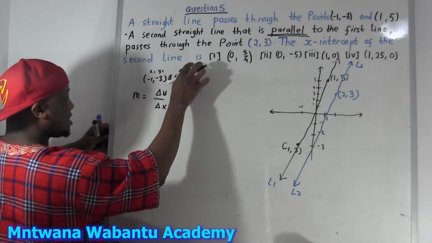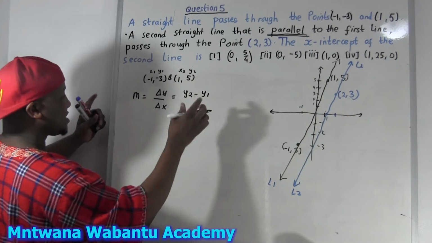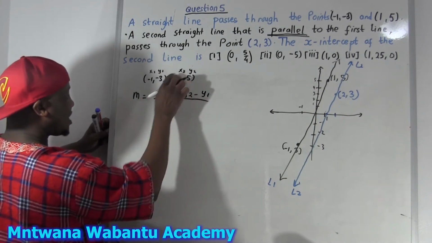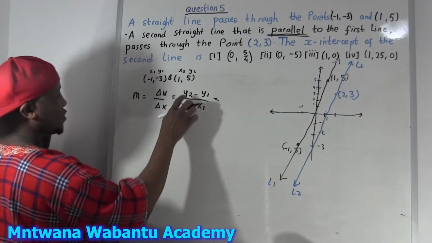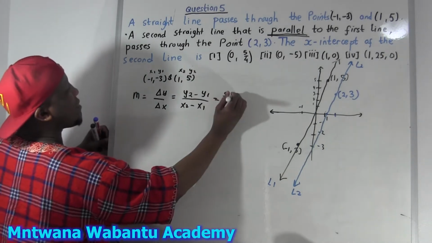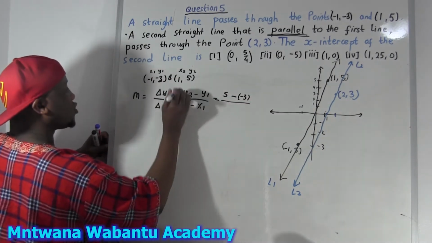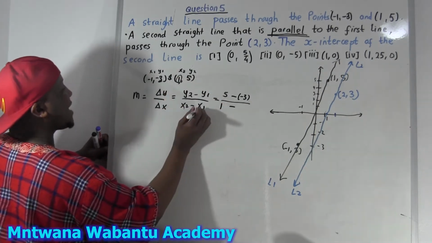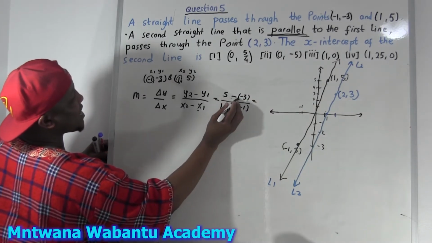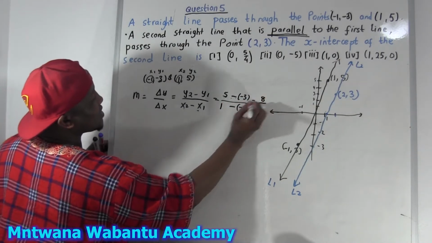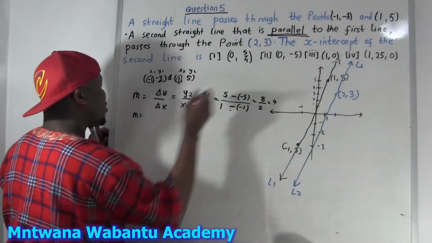Change in y means y2 minus y1, and change in x means x2 minus x1. So that is 5 minus (-3), over 1 minus (-1). That gives 5 plus 3 equals 8, and 1 plus 1 equals 2, which gives 4. So the slope of this line is 4.